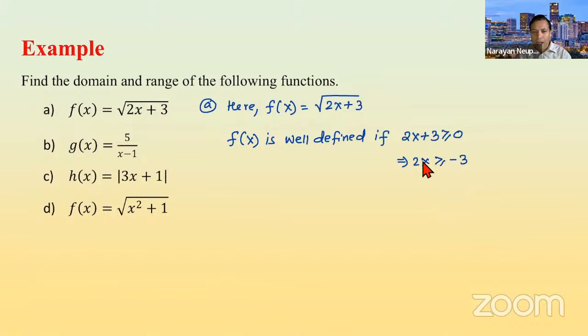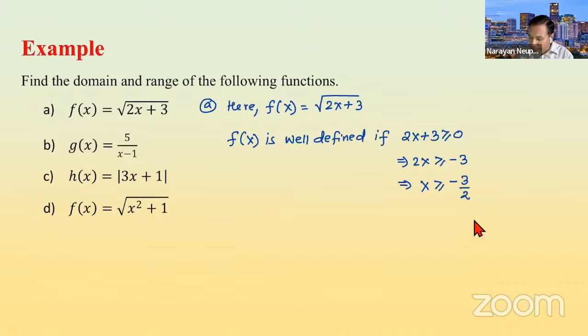Now to find x by itself, you have to divide both sides by 2. So what we get is x is greater than or equal to -3/2. Last time we learned how to solve inequalities, and we are using that over here. So we saw that this function is well defined if x is greater than or equal to -3/2.